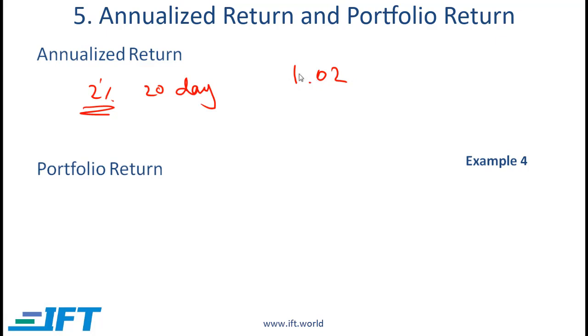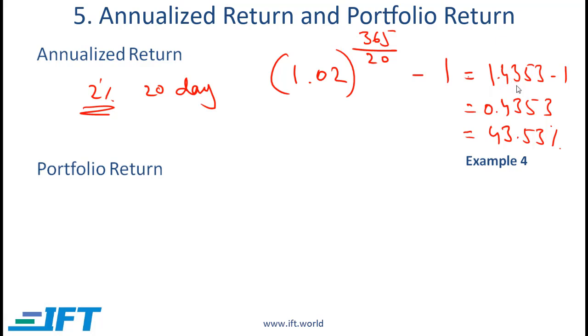This needs to be annualized. So you have to raise this to the power of 365, which is the number of days in a year, divided by 20. 365 over 20 represents the number of 20-day periods in a year. And then you subtract 1 to get a rate. So let's come up with the number.